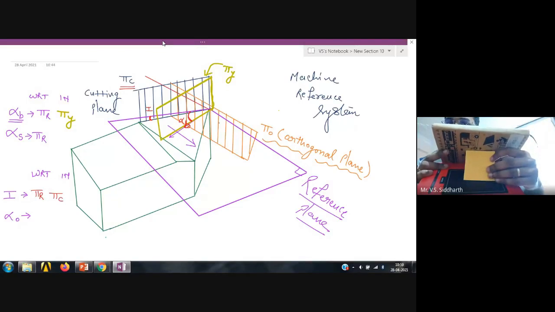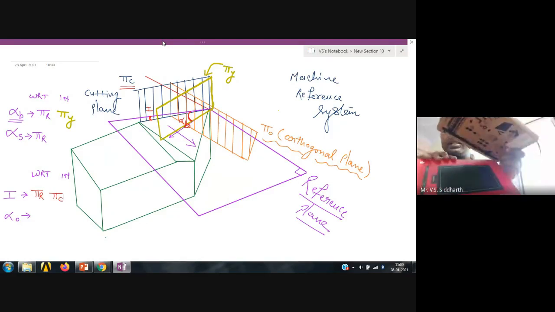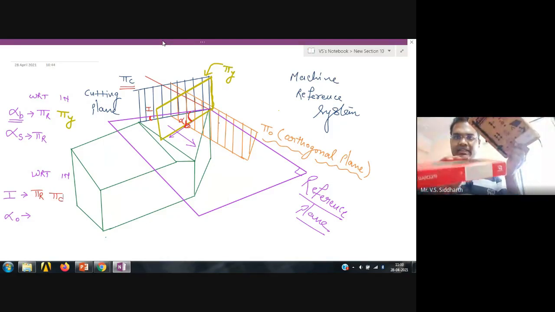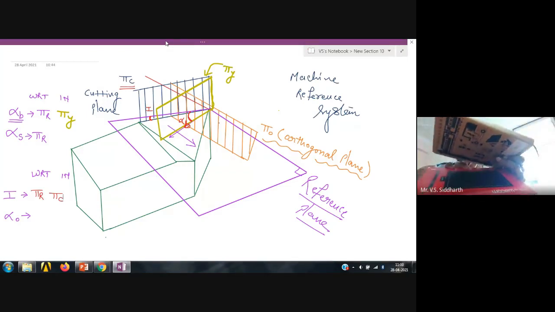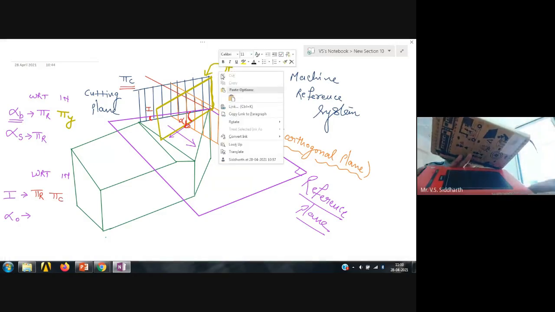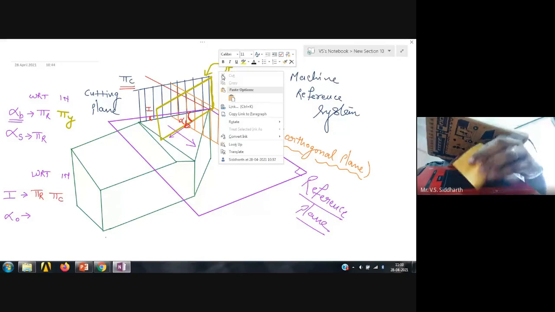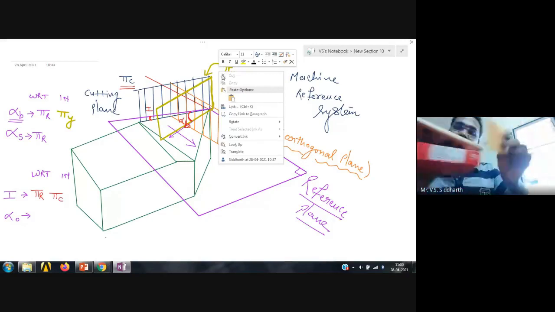So this is the rake face, this is the backward inclination, this is the sideward inclination, this is the reference plane, and the pi y plane is passing somewhere in between. So what is the back rake angle? The angle between the reference plane and the rake face will be the back rake angle.